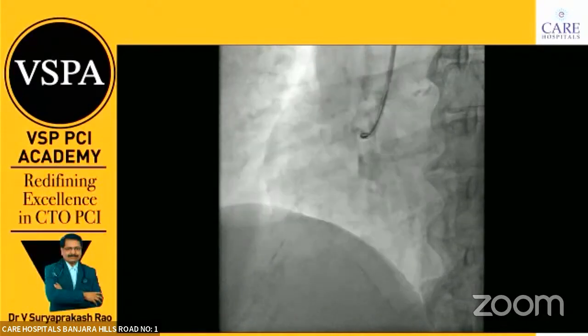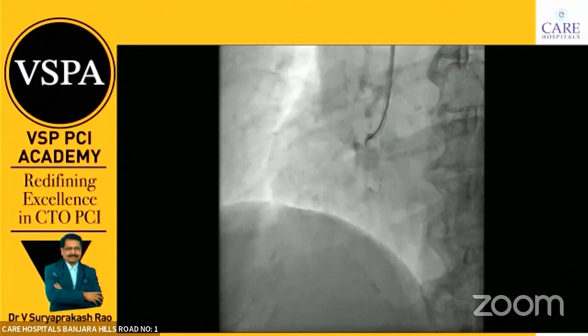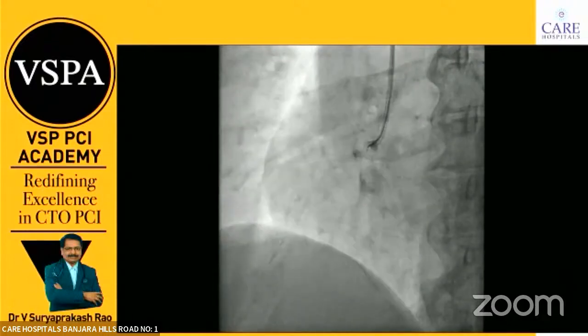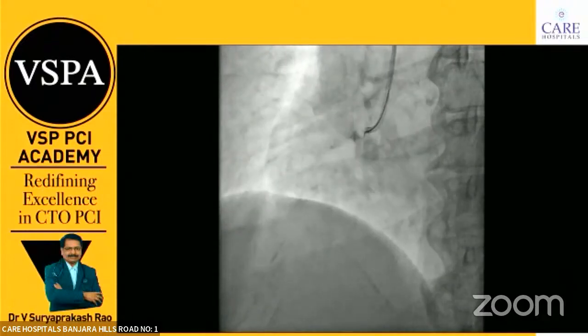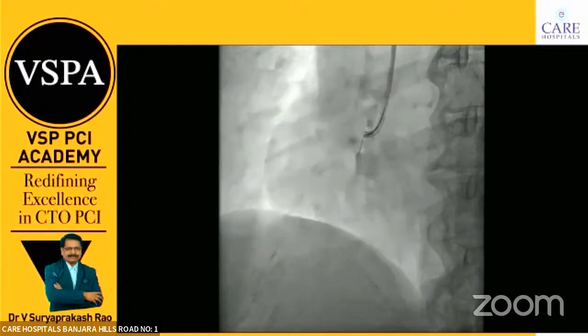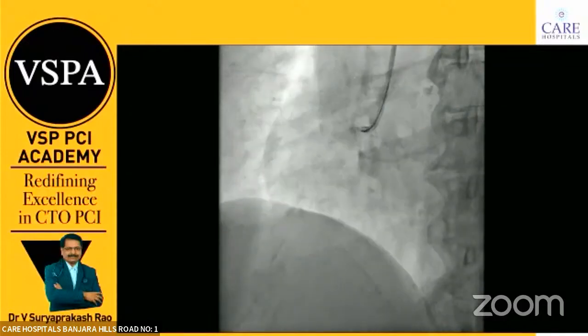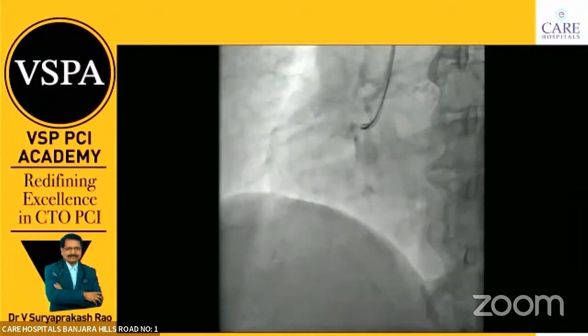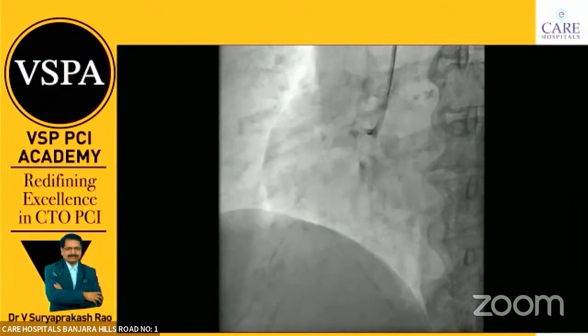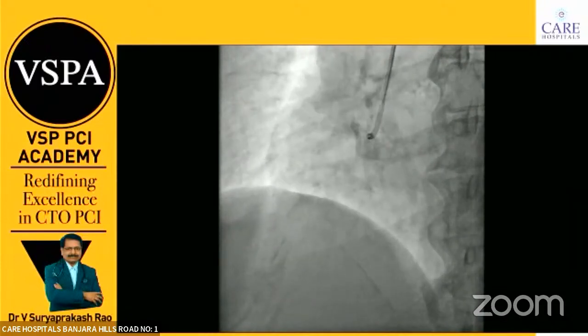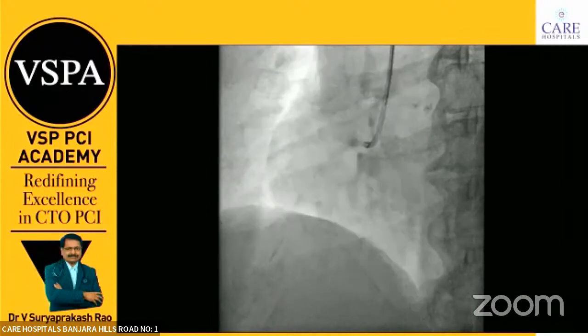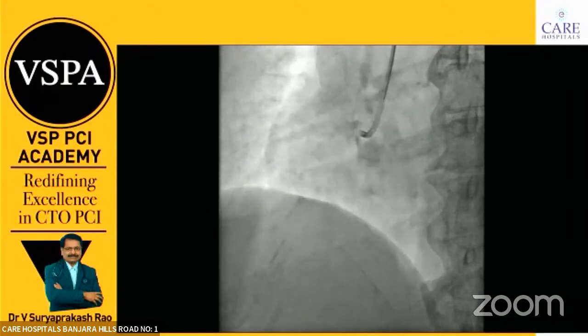We cannot go selective because the ostium is completely occluded. So we are passing the wire with a non-selective angio, and then we pass the wire with the microcatheter just at the tip of the guide catheter, and then we position it.